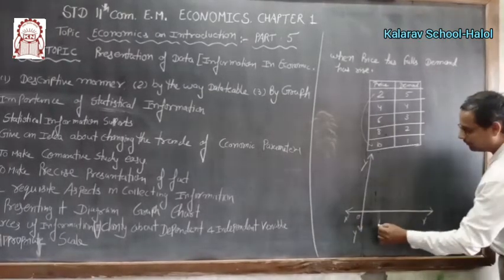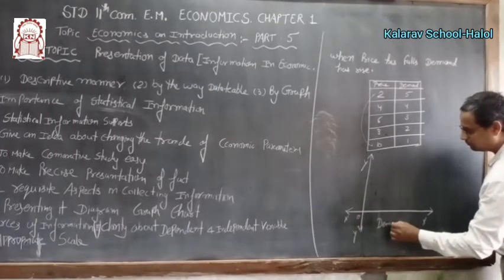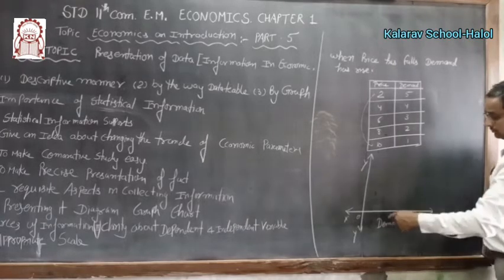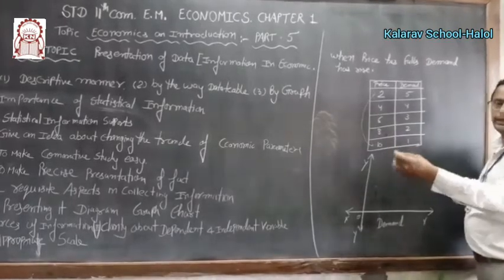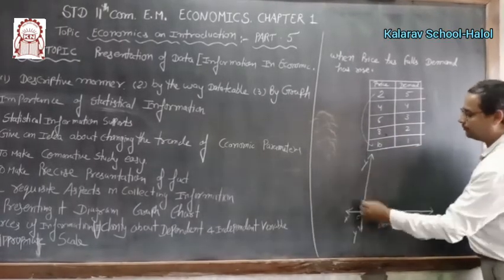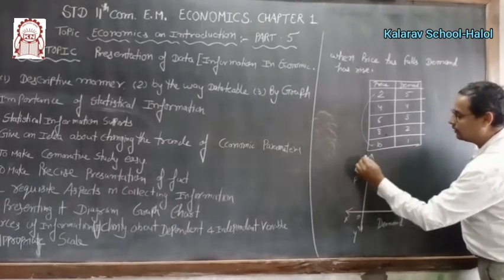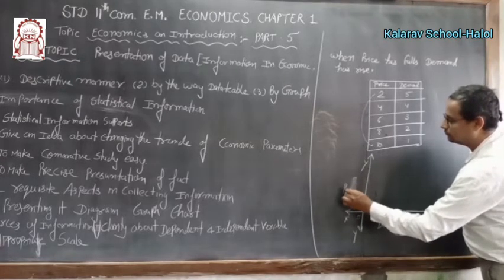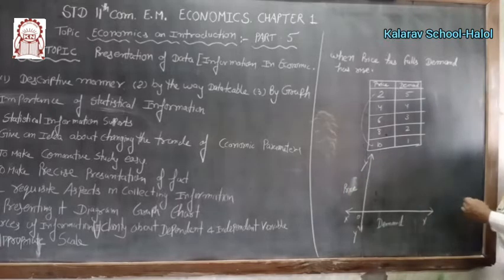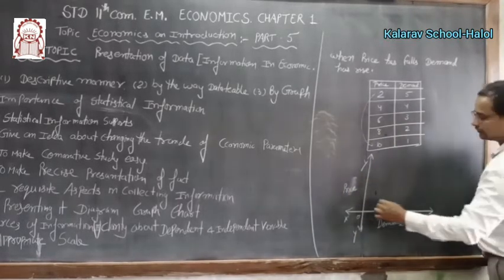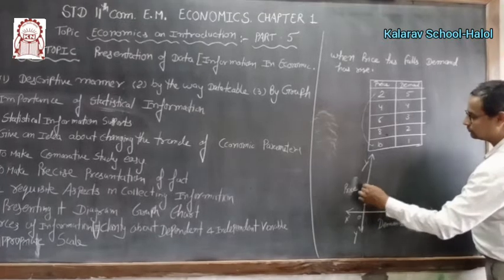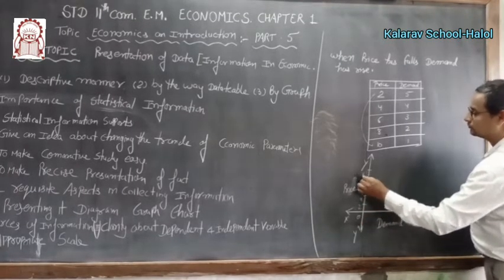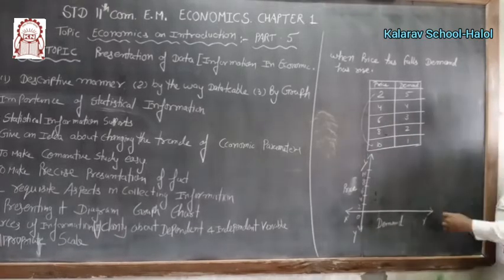And the dependent variable, which depends on something else, that we will show on the y-axis. Price. Okay, so let's write the price first. Okay, and write demand here.